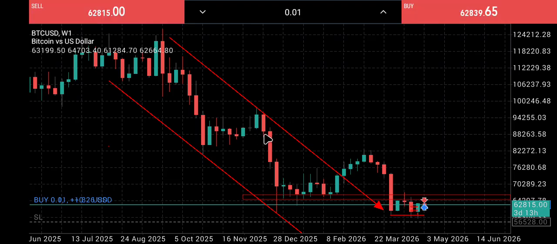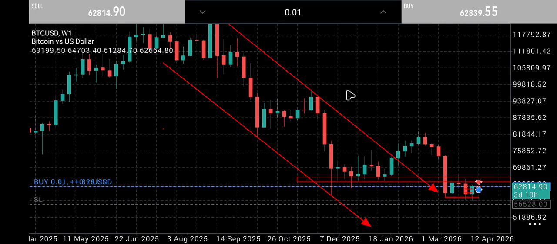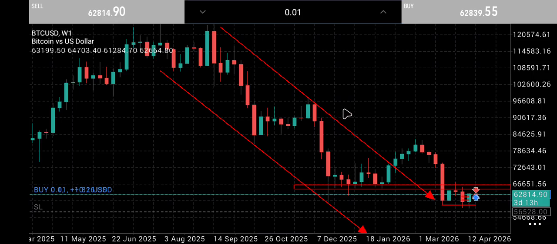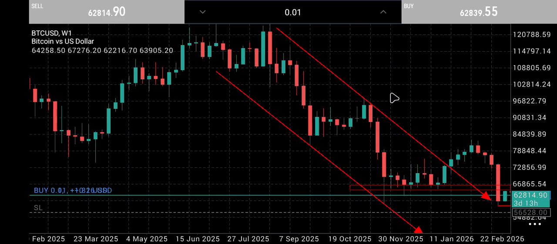Why is it a close below candle? Because it closed below the opening of this one. So this is also giving us a signal that we are soon getting into the selling pressure.